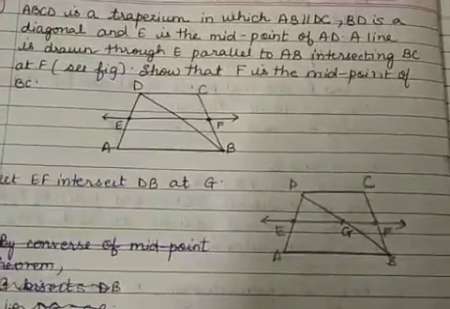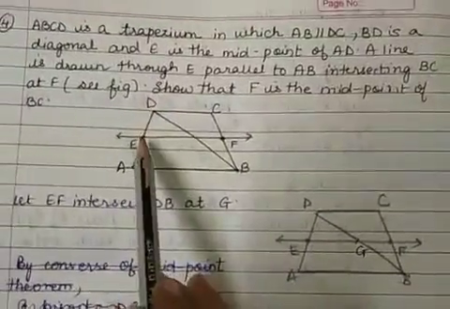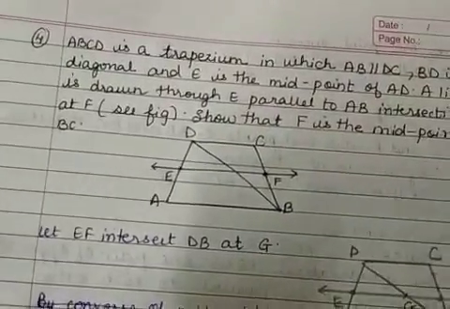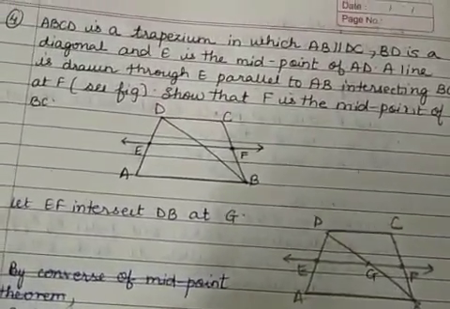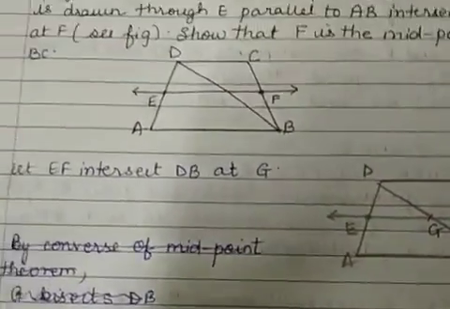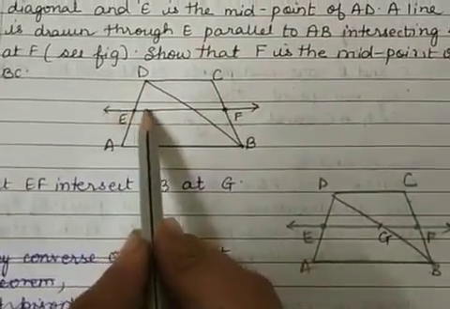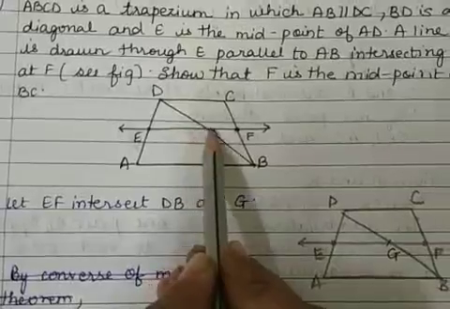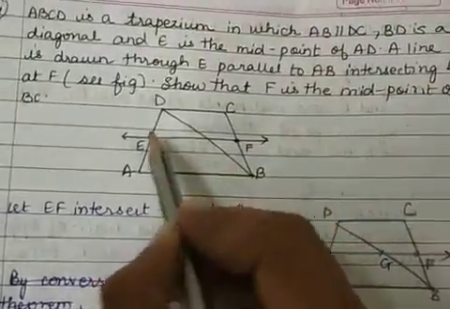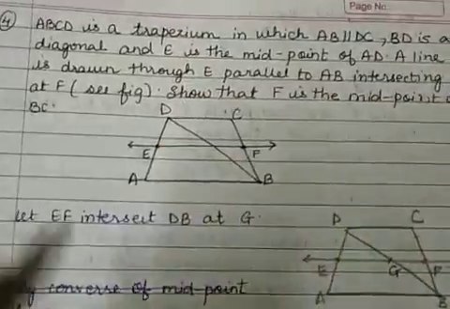Now, it is said that E is the midpoint of the side AD, and this line EF, which is drawn through the point E, is parallel to AB. So one midpoint is given to you.